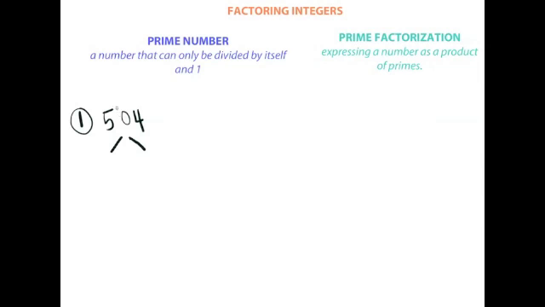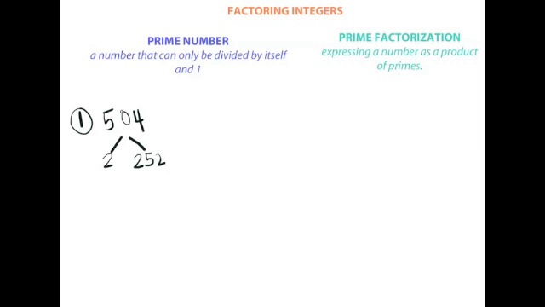If you get to a point where it's such a big number, look at the last digit. See how it's 4, and 4 is an even number. Maybe see what happens when you divide the number by 2, because an even number as a last digit will always give you something divisible by 2. If you put that into a calculator, 504 divided by 2 is 252.